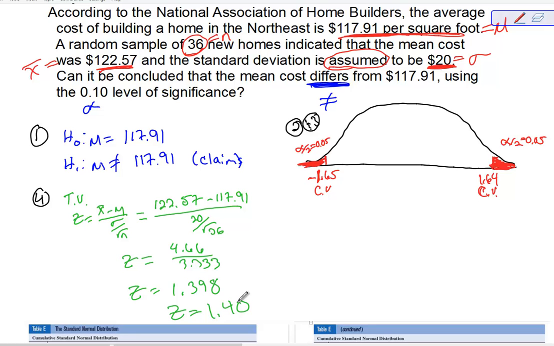Now I want to put this on my graph over here. 1.40, which let me go ahead and put my 0 here. 1.40 is going to be between 0 and 1.6. So it's going to be somewhere about right here.